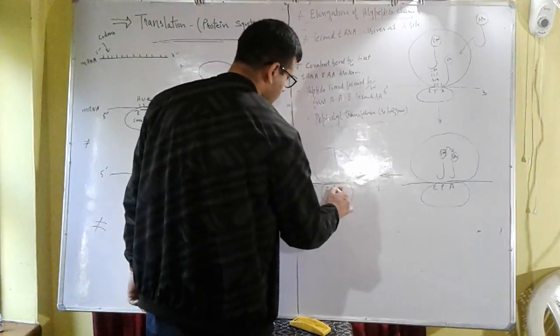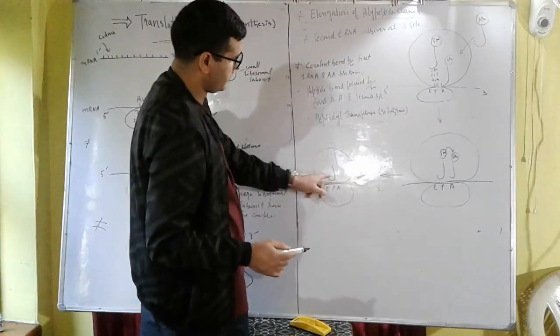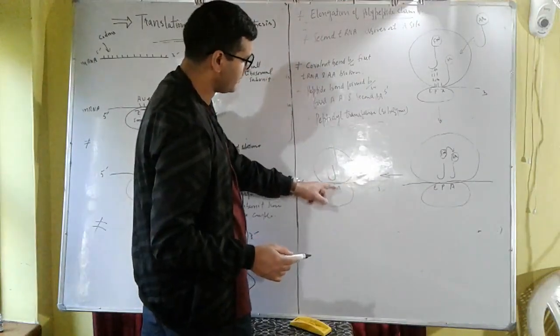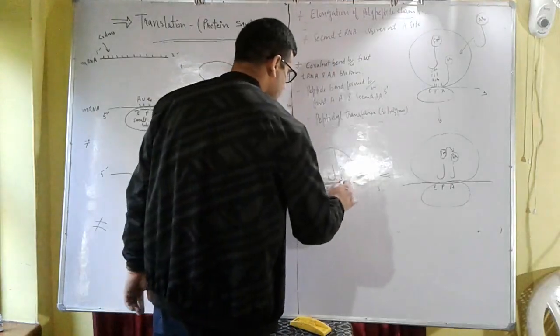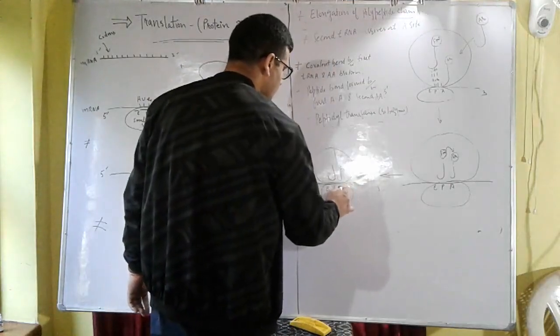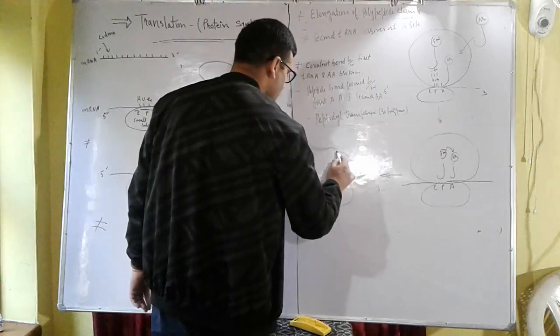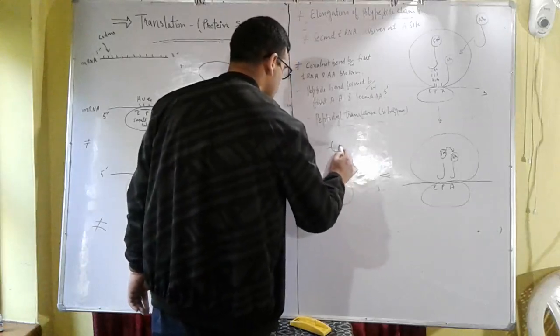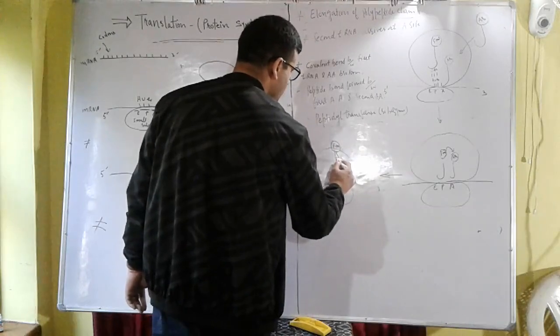This is E, P, and A. Now the tRNA at the P site is without an amino acid, and the tRNA at the A site is having 2 amino acids. This is first amino acid formyl methionine and second amino acid second.